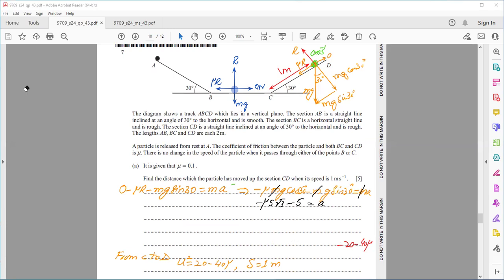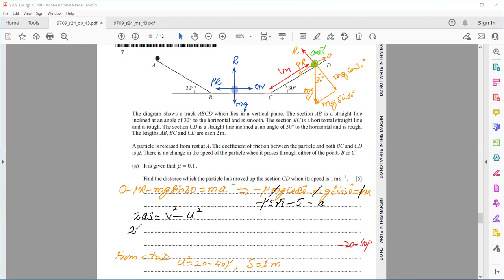Minus 20 minus 40. Now, beta, you have to use the calculator. Initial velocity is given, final velocity is given because it comes to rest. So you have to use 2as is equal to final velocity squared minus initial velocity squared.